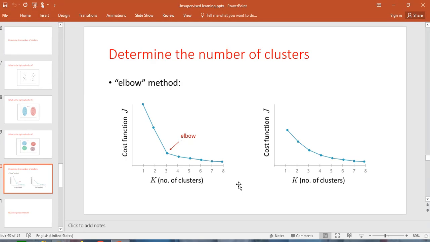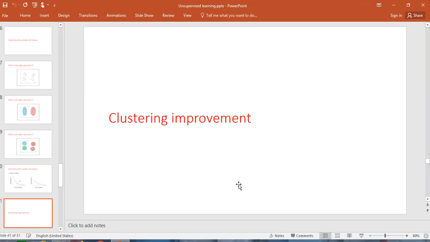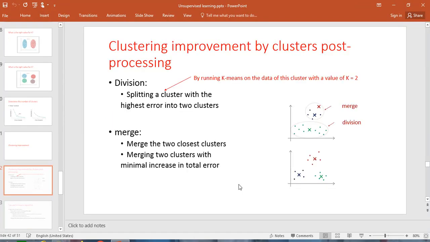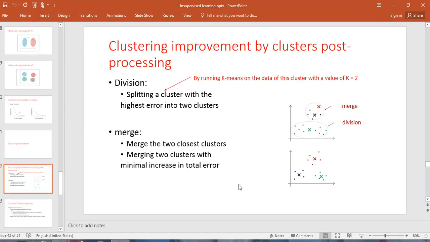Now, if we find the local optimum solution, we should use the same sequence method of dividing and merging clusters. We said that this method is called post-processing. This is the way to improve clustering. For this, we define 2 actions. One is split.